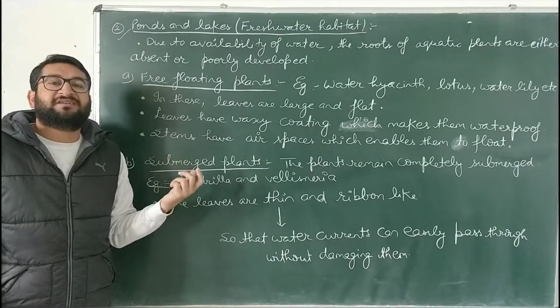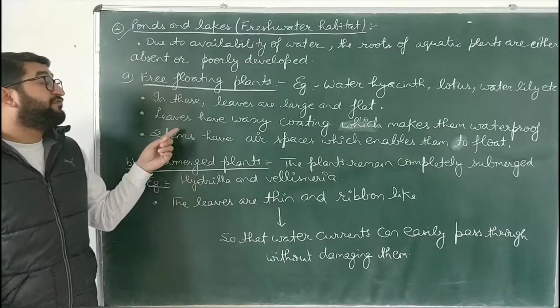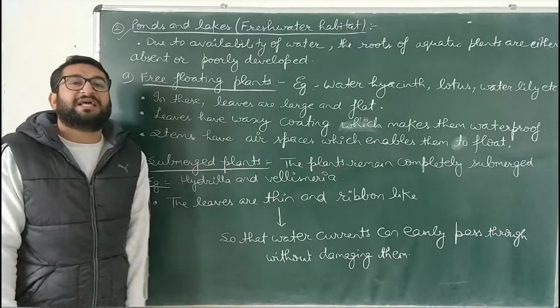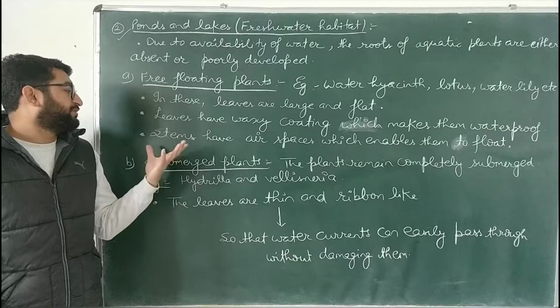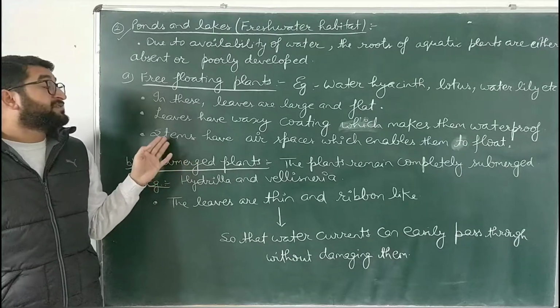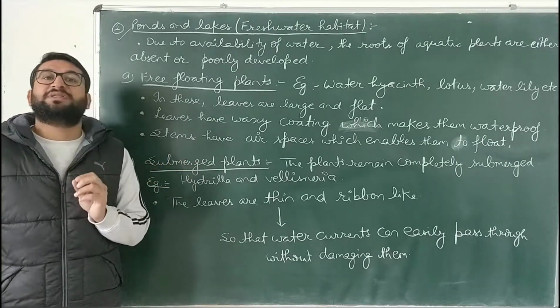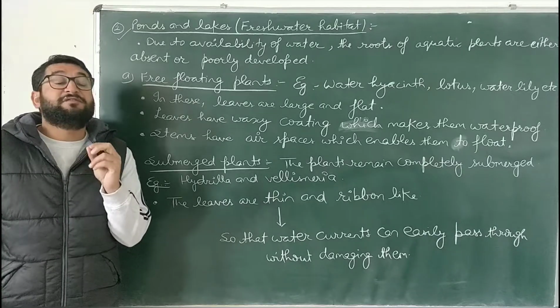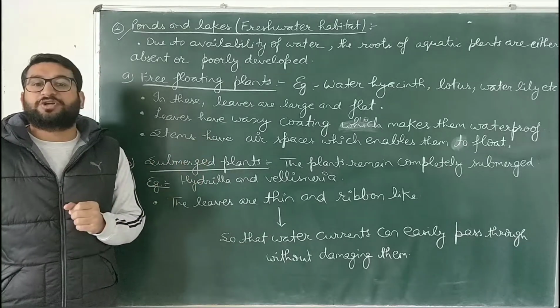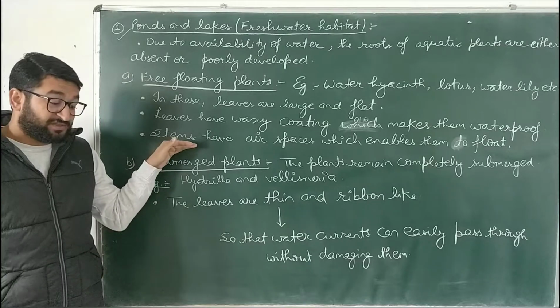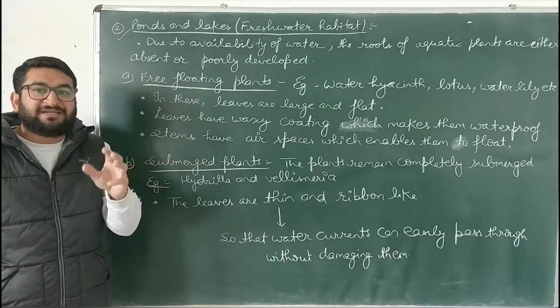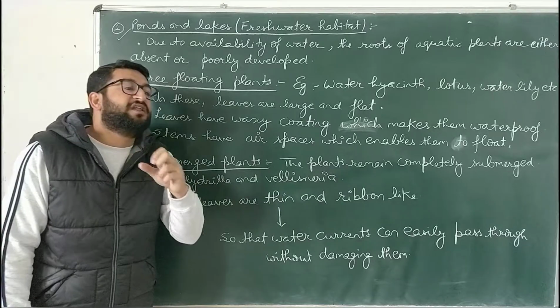So, to prevent that decaying from the water, they have a waxy coating over them, and that waxy coating makes them waterproof. Next, stems have air spaces in between them. They have spaces for air which enables them to float. Those air spaces make the stems lighter, and those stems can easily float.